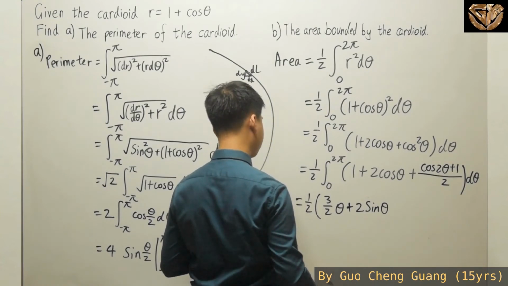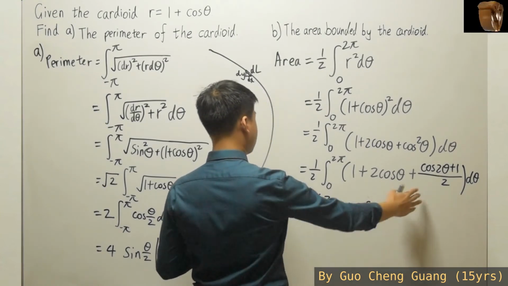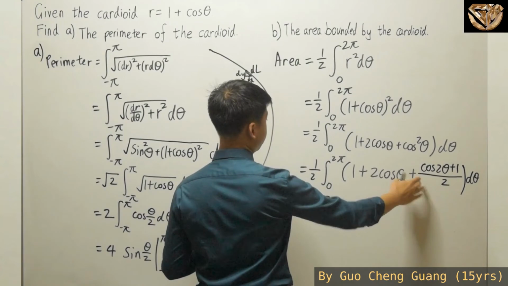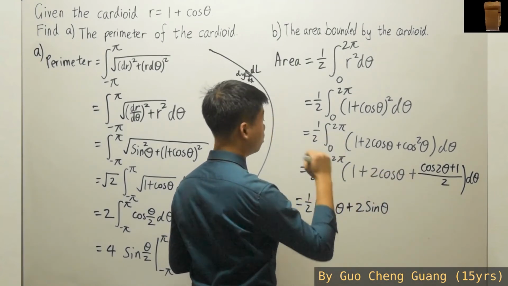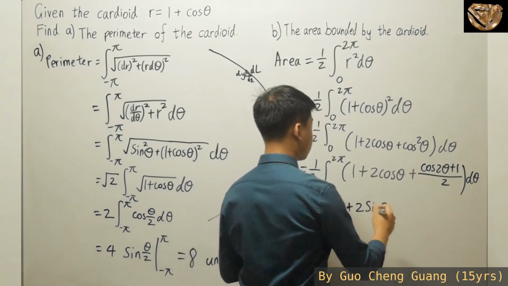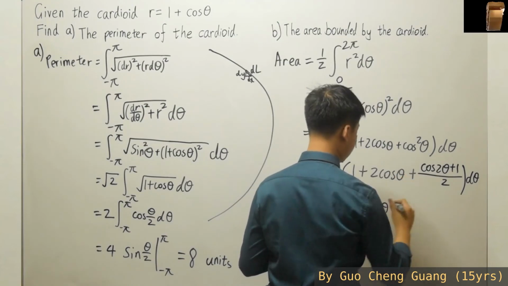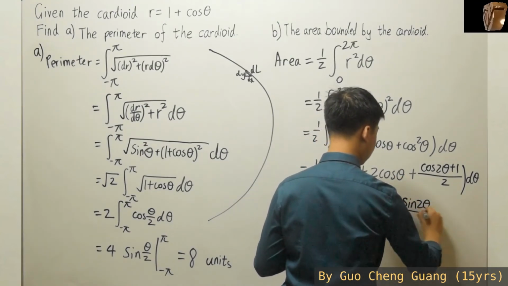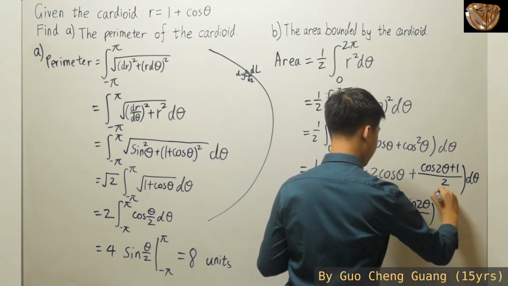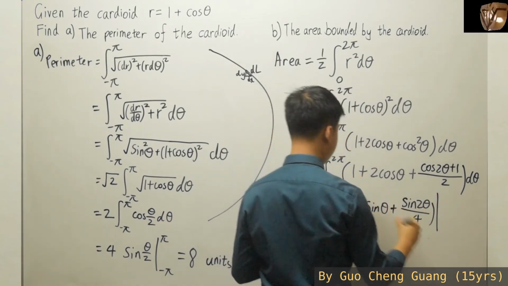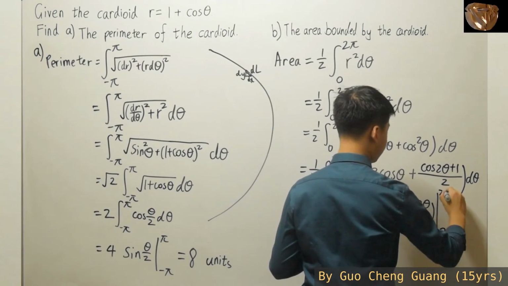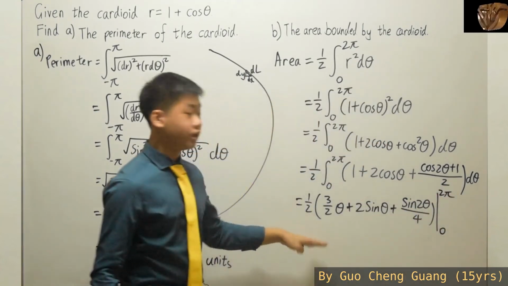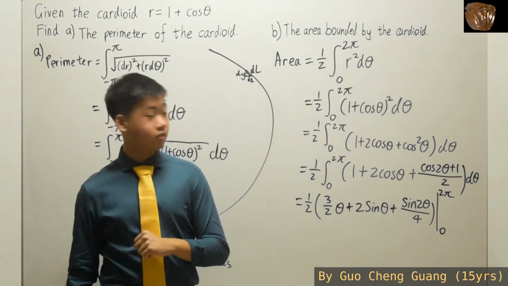Is that right? Alright. Then for this part where you have cosine 2 theta over 2, that means you have sine 2 theta over 4. And for this entire part, you have to substitute theta with 0 and 2 pi. Right, so this is all that you have to find now.